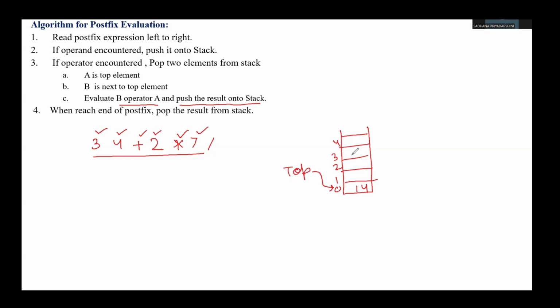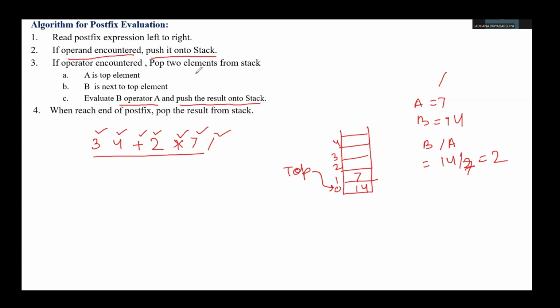Then the next one is 7. Whenever there is an operand, we push it; if an operand is encountered, push onto the stack, so 7. Then the next one is the operator, division. If an operator is encountered, pop two elements, so A equals 7, B equals 14. We perform B operator A, so 14 divided by 7, its value is 2.